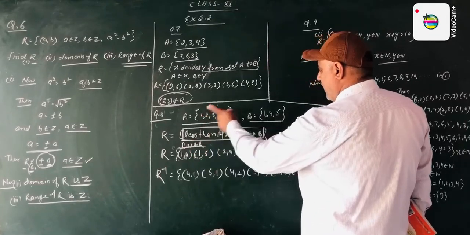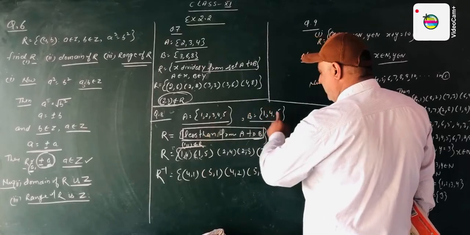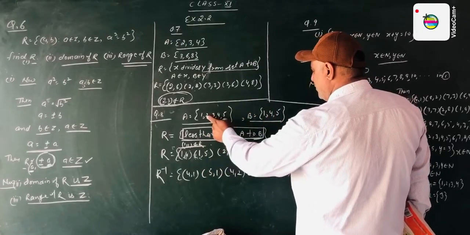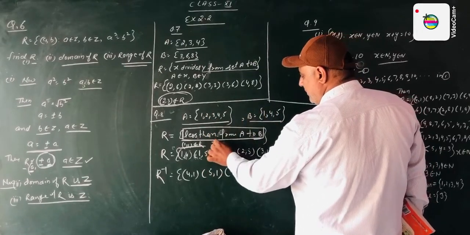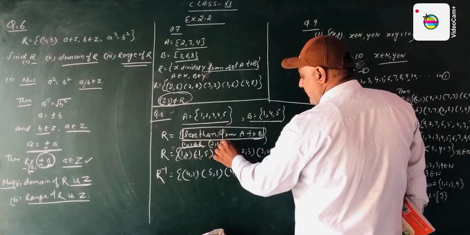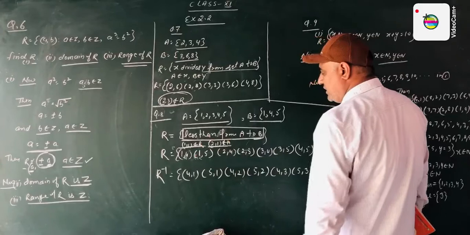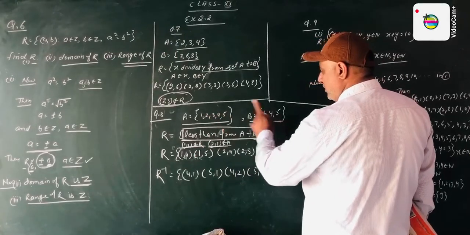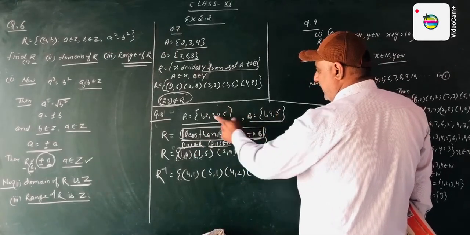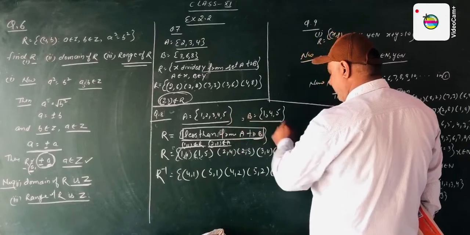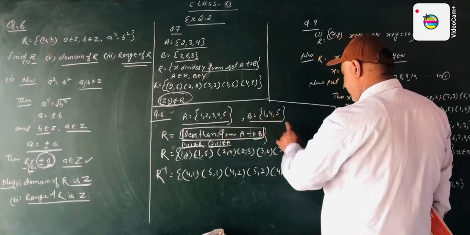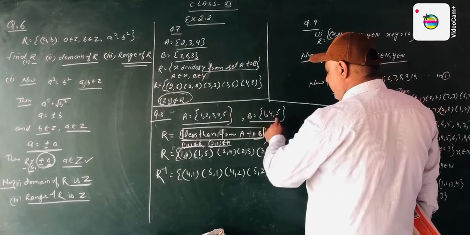Then we take 1 4, 1 5. After this, 2 1 does not belong to R because a is greater than b, so we do not take this pair. Then we take 2 4, 2 5, like this 3 4, 3 5, 4 5, not 4 4, 5 5, not 5 5.